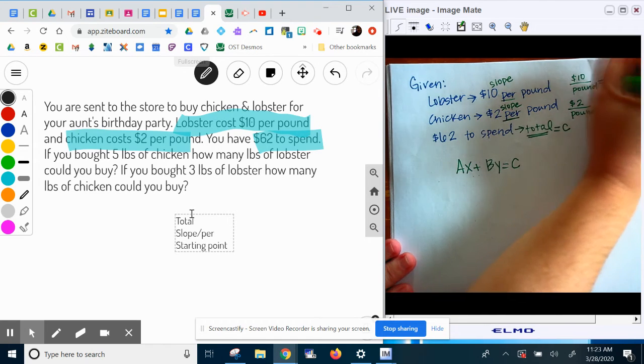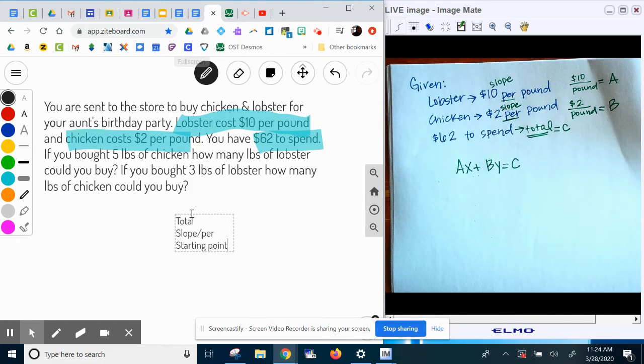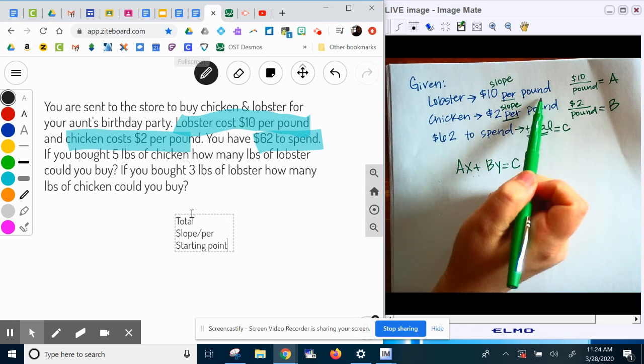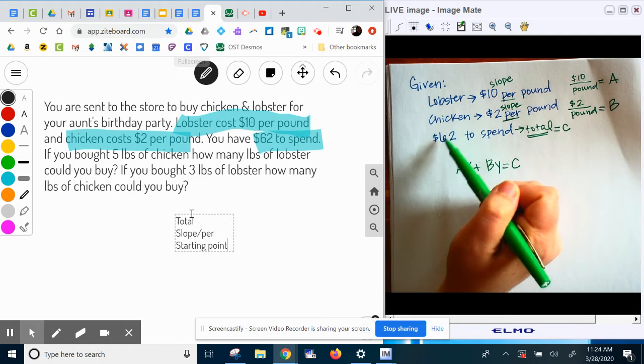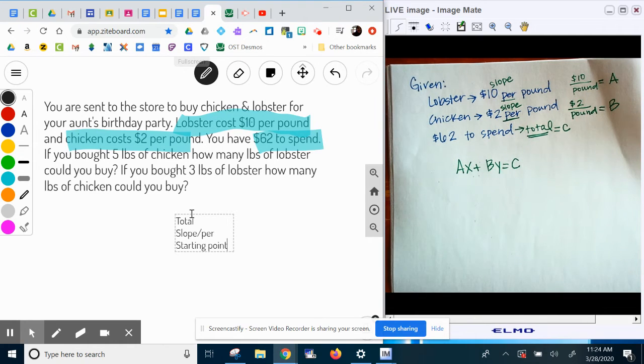My slopes, it doesn't matter which one's which, are going to be A and B. Normally when I spend money it's negative, but because I'm adding up to the total this time, it is a positive $10, because I'm going to keep adding until I get to the total. I'm not taking away from the total.